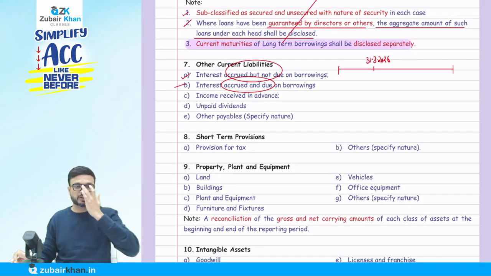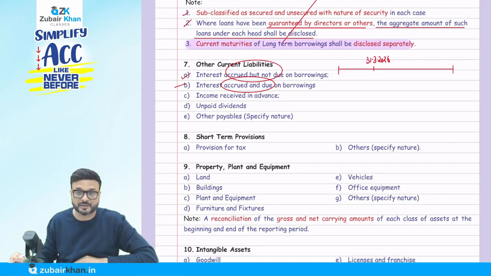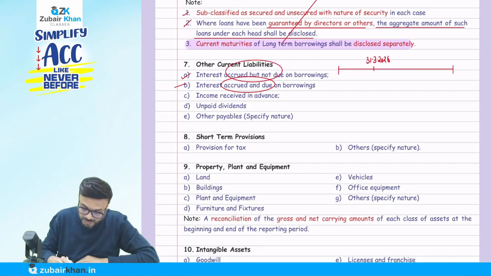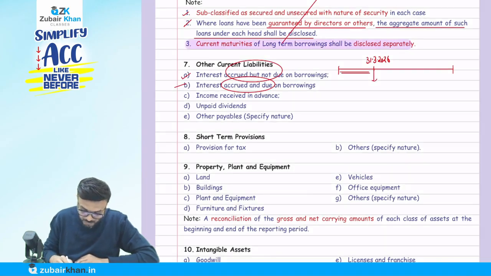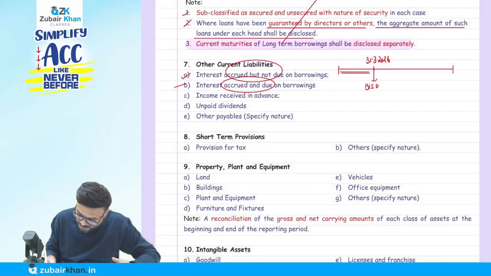So on 31st of March, it's the balance sheet date.